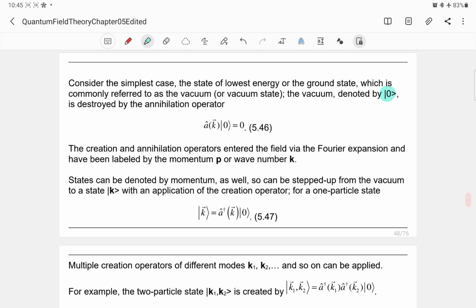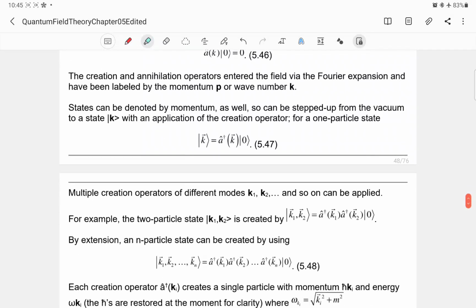But if you apply multiple creation operators of different k modes, say for example you create two particles, you can create for this one and for this one, so you have two particles with momentum k1 and momentum k2.